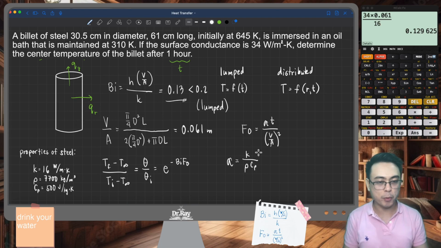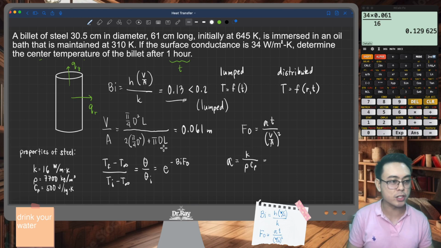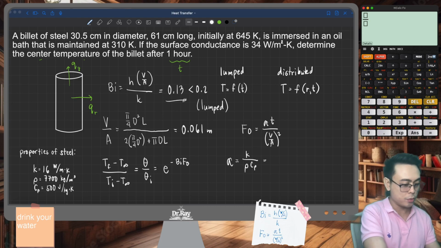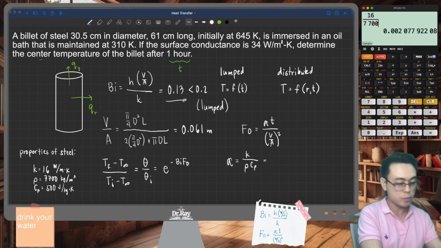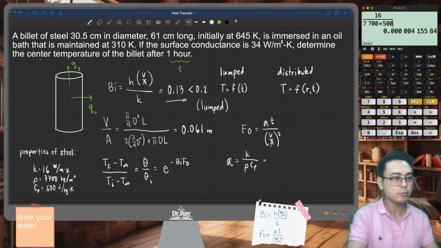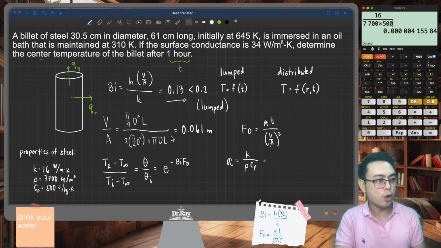So I have here the properties of steel. All of these are already in standard SI units. We can directly substitute that in our calculator. That is 16 divided by 7,700 times 500. I'm getting a value of 4.156 times 10 raised to negative 6.